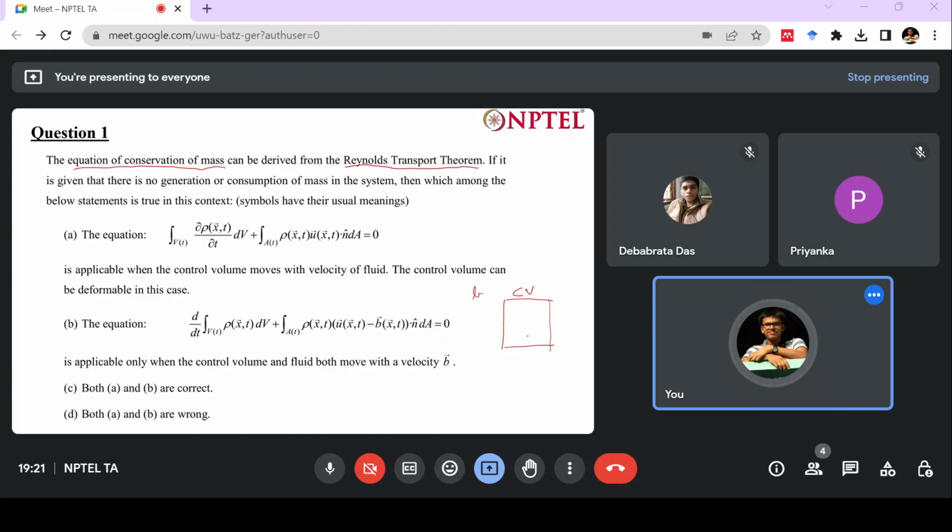So what are the different terms in this Reynolds transport theorem? Since we are taking a control volume, which is an extended system, the terms that we will have are integral terms.